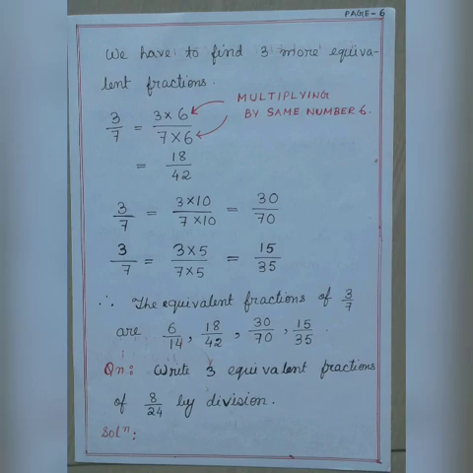Next question. Write 3 equivalent fractions of 8 by 24 by division. Here you have to divide. You cannot multiply numerator and denominator, but here you have to divide with some number and get the equivalent fractions.